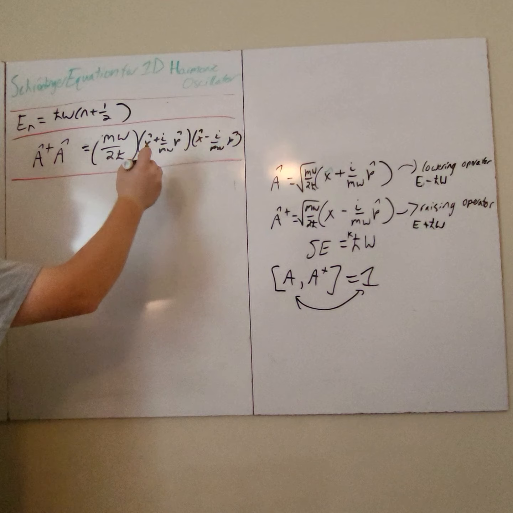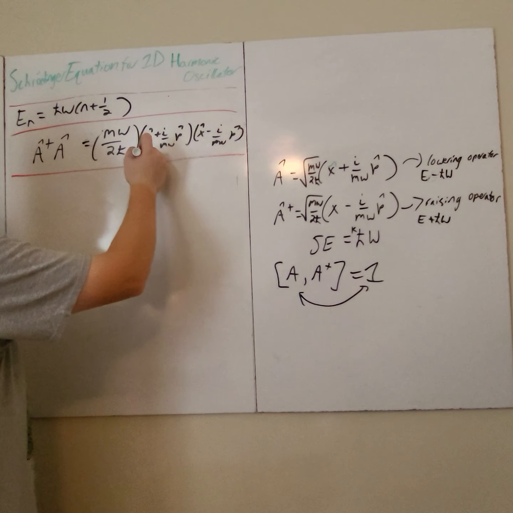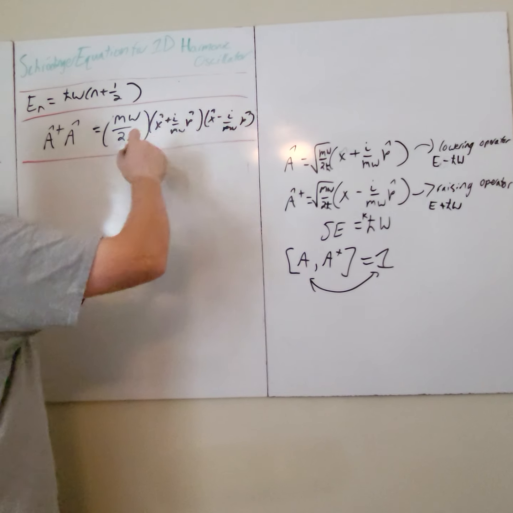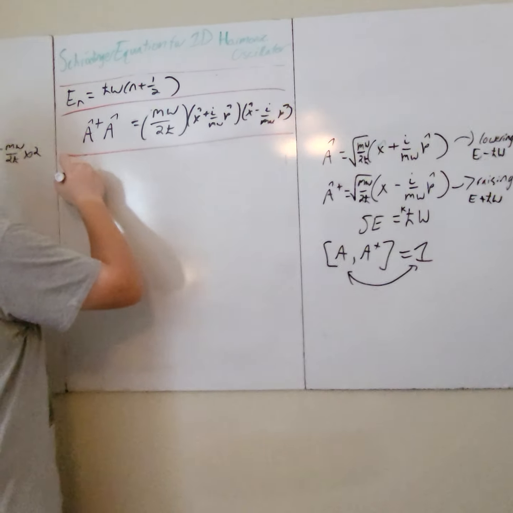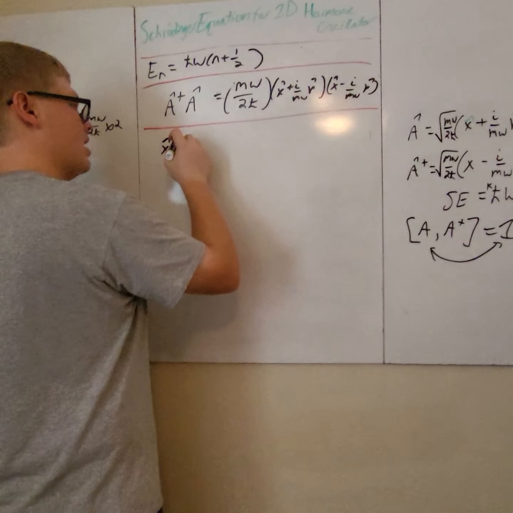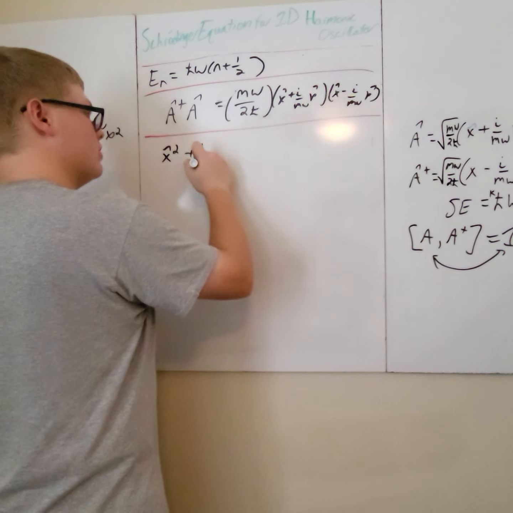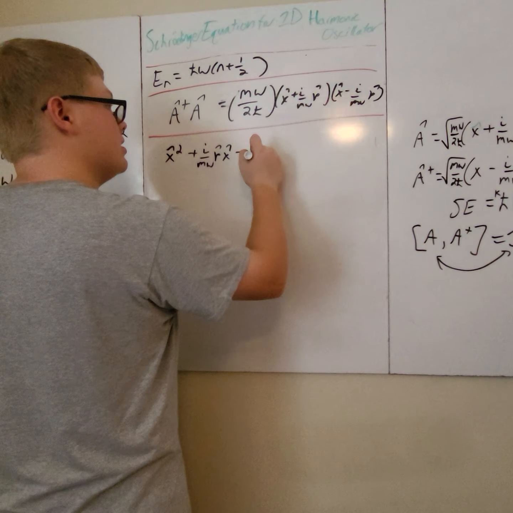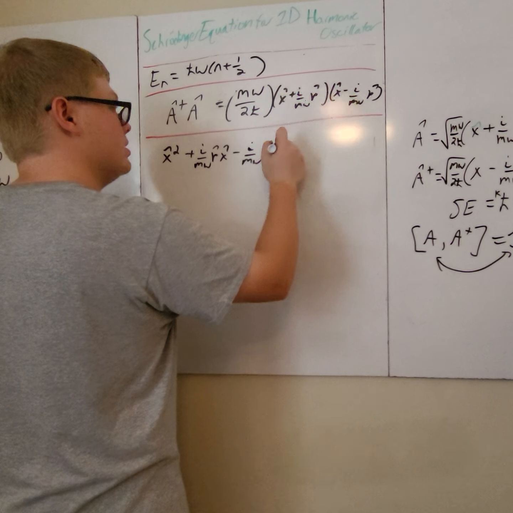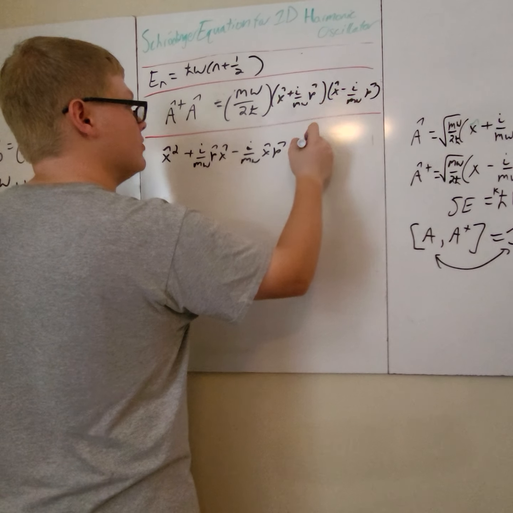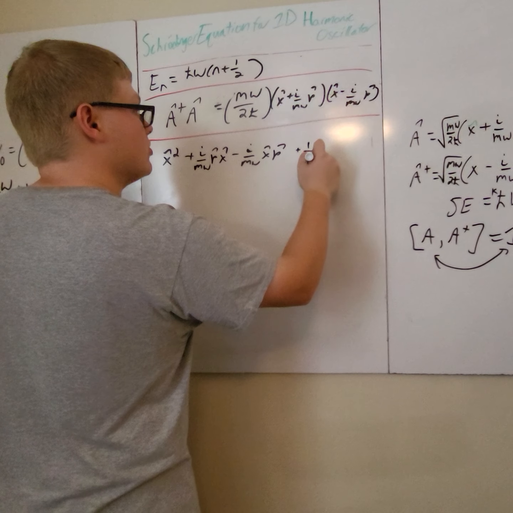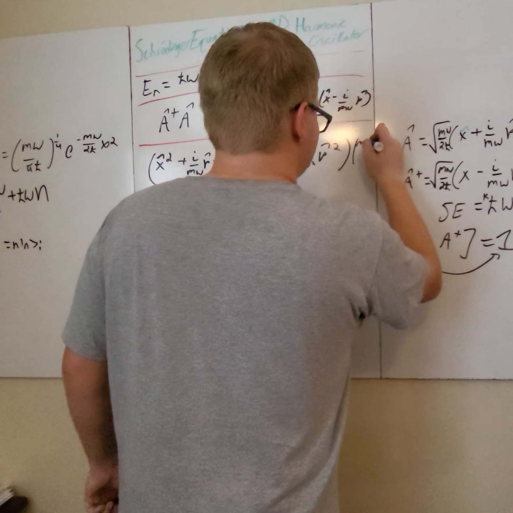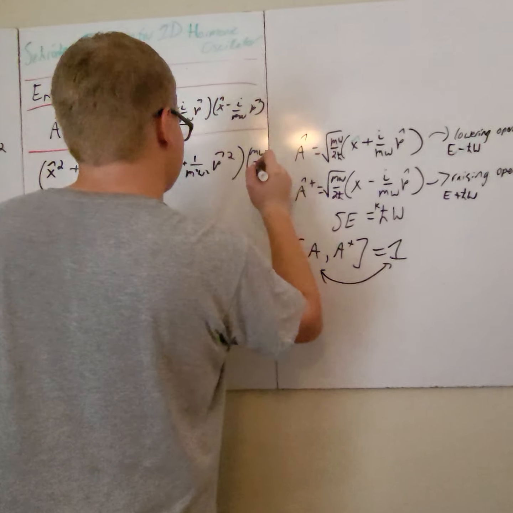Well, this is just a number, so it doesn't affect anything, but we have to be careful about the order that we actually multiply in here, because these are operators, not numbers. So this is going to be x hat squared plus i over mw p hat x hat minus i over mw x hat p hat, plus i times negative i, that's just 1 over m squared w squared p hat squared.